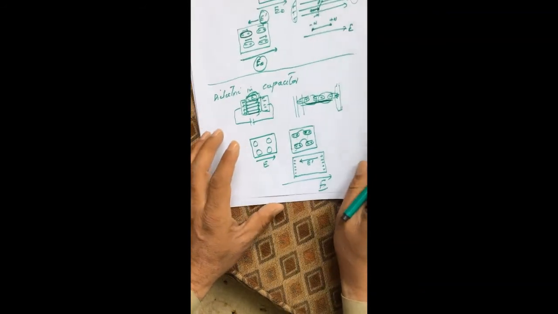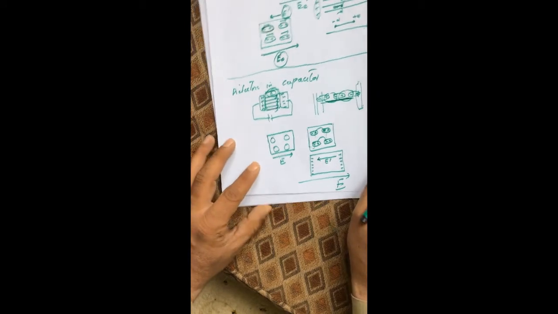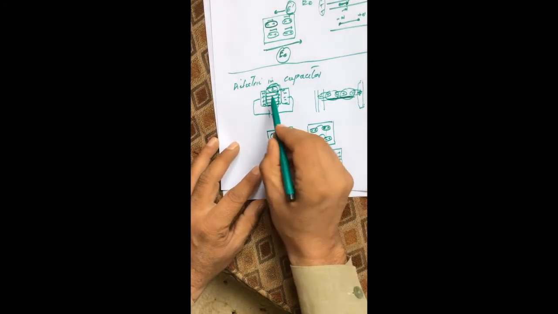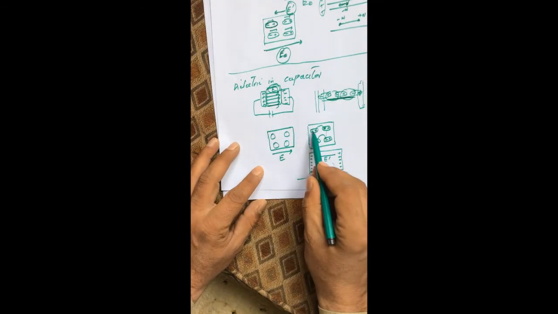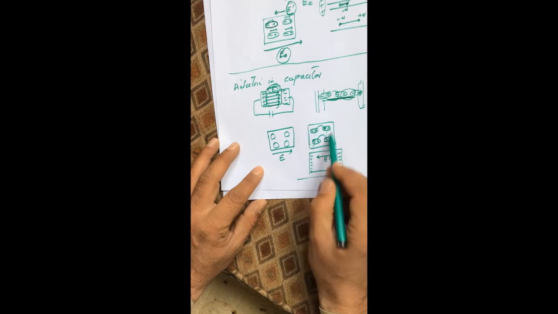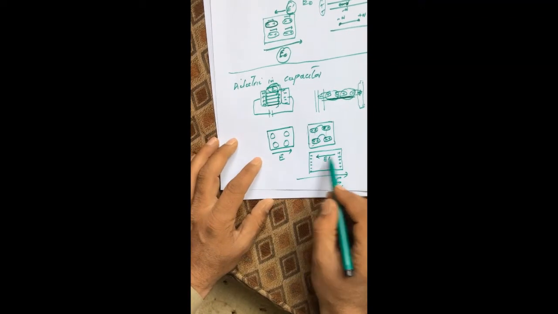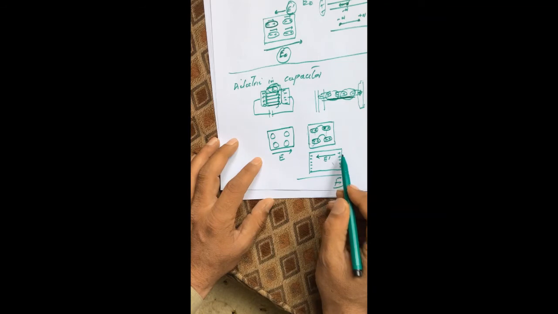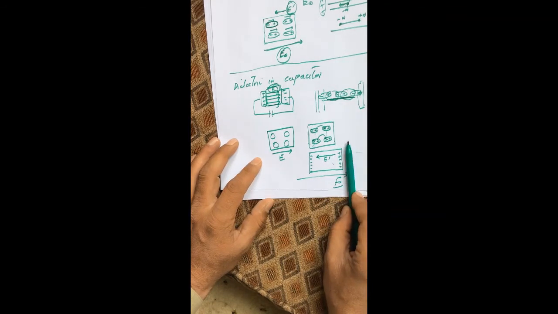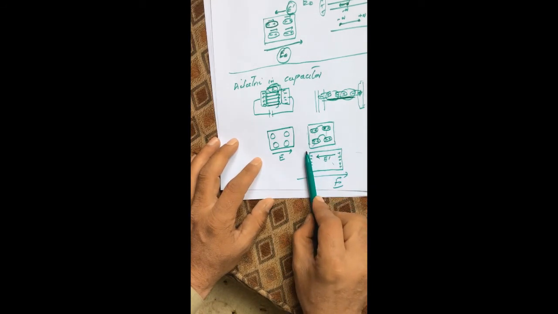So we can say that once we place this dielectric material inside this capacitor, then this process is called polarization of atoms. Due to that polarization, positive charges appear on the right surface of this dielectric, and negative charge appears on the left surface.